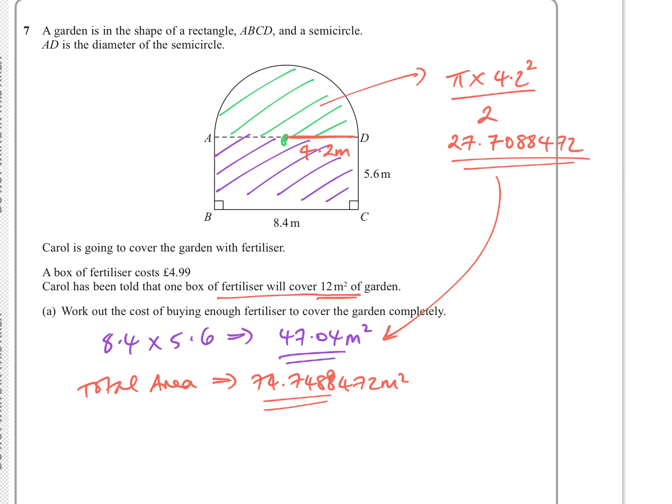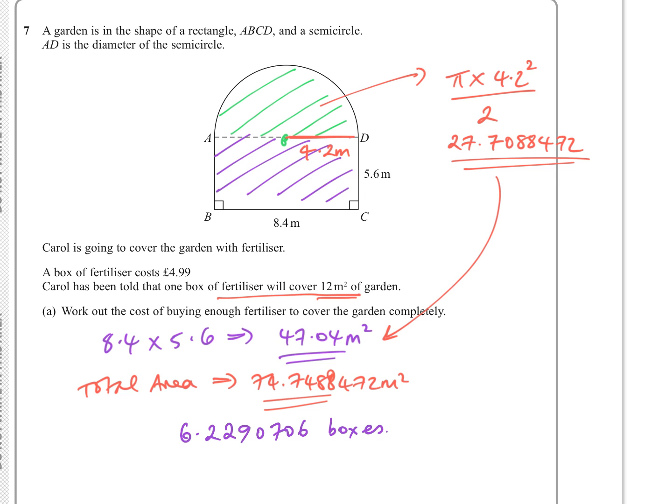And we know that Carol has been told that one box of fertiliser will cover 12 meter squares of garden. So if we divide that by 12, then we'll have, let's work this out, 74.7488472 divided by 12. That will give us 6.22900706 boxes.